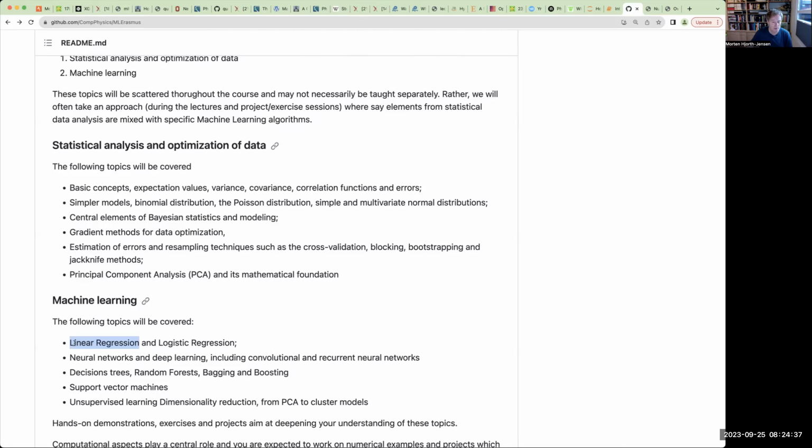The methods which you see in the beginning here, like linear regression, decision trees, bagging and boosting, support vector machines, and also principal component analysis, these are methods which we often call the pre-deep learning revolution methods. And they are normally based on linear algebra and statistics as well.